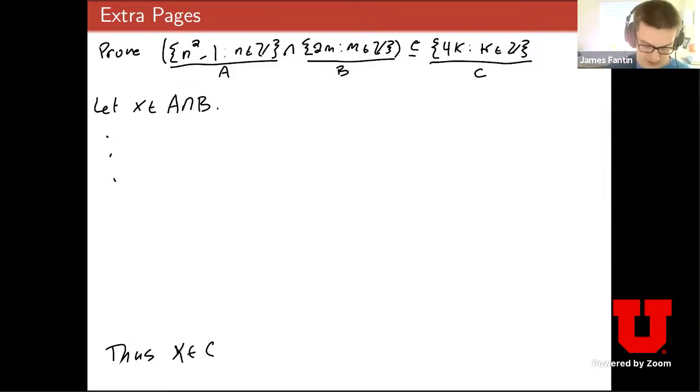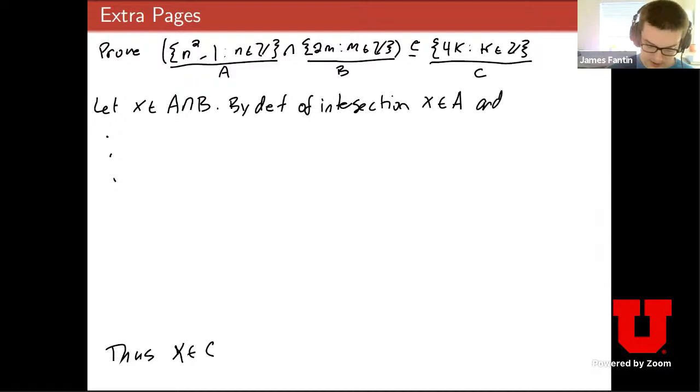Right, so let's look at what it means that x is an element of A intersect B. Well, by definition of intersection, x is an element of A and x is an element of B. Just using our definitions. So what does it mean that x is an element of A? How could we rewrite it?